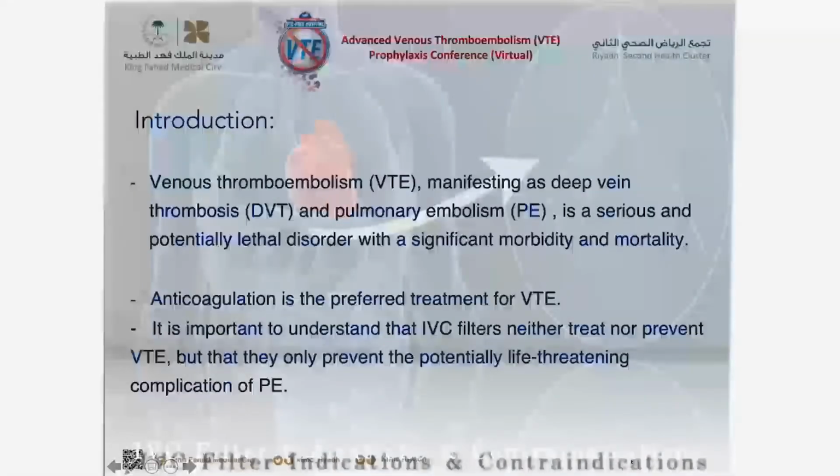Venous thromboembolism, manifested as deep vein thrombosis or pulmonary embolism, is a serious, potentially lethal disorder with significant morbidity and mortality. But let's agree that anticoagulation is the preferred number one treatment of this. It's important to understand that the IVC filter neither treats nor prevents venous thromboembolism, but it only prevents the potentially life-threatening complication of PE.